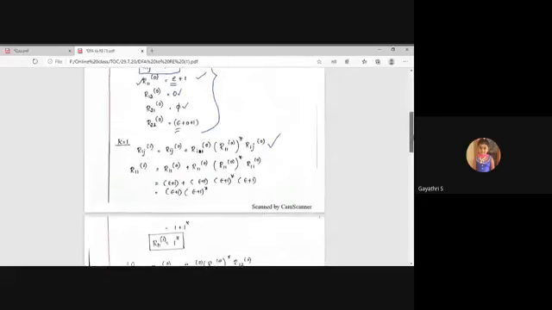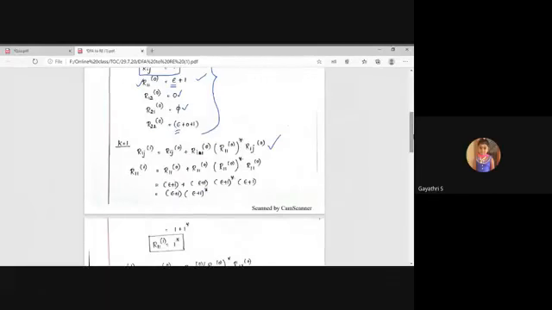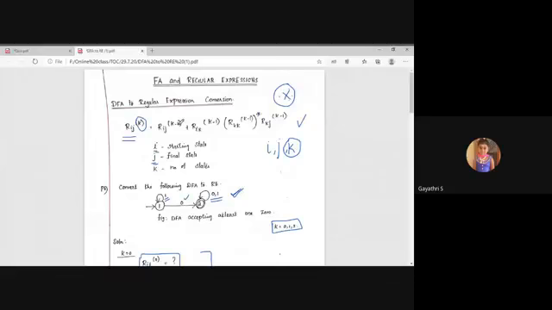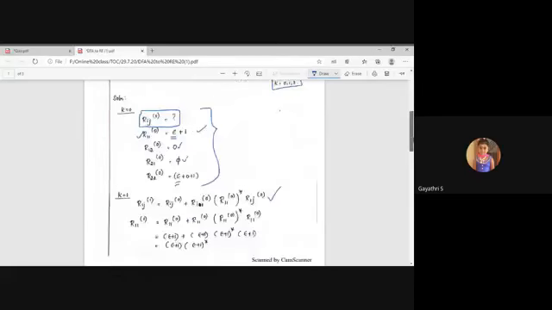Next, coming to k equal to 1. For the k equal to 1 case, you have to apply the formula. This is the formula. For k equal to 1, all the powers become 0, right?